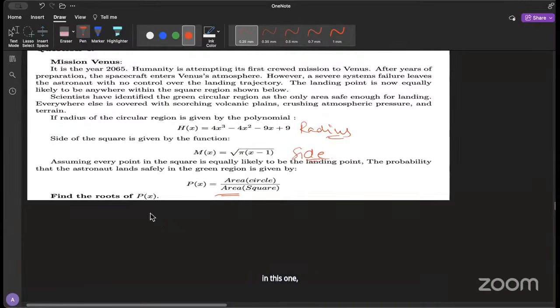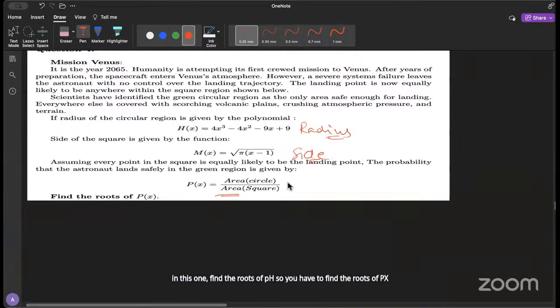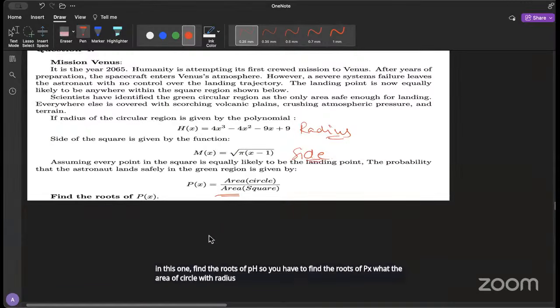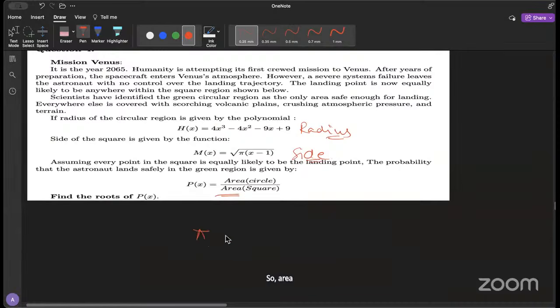You have to find the roots of px. What's the area of a circle with this radius? Area is pi r square, right? So it should be pi hx square. And then the area of a square is side square, right? So mx square.